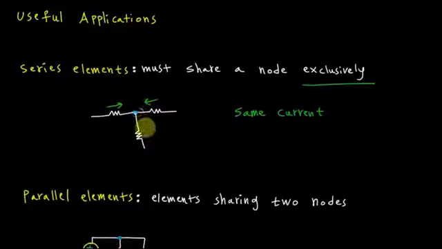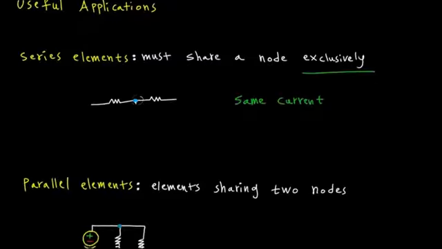So again, for elements to be in series, the node should be shared between them exclusively and not by a third or a fourth or so on type of element. And in this case, for series elements, we know that they must have the same current flowing through them.